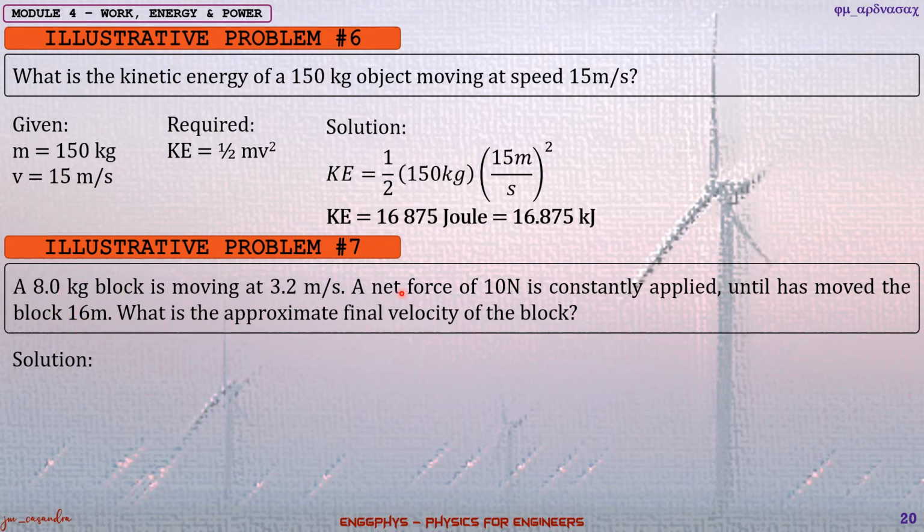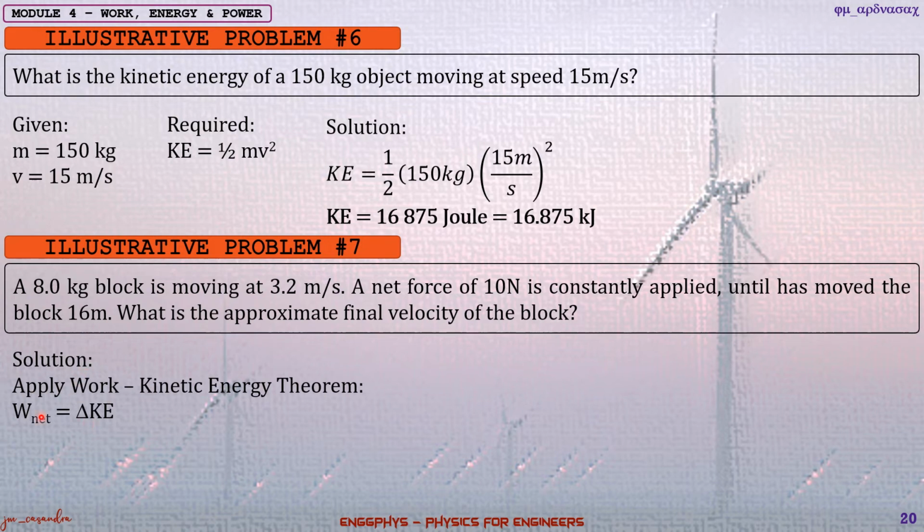So there is work done from the force and the displacement, and there is an energy from our mass and velocity. So in solving problem number 7, we are now going to use our work kinetic energy theorem, which states that the net work of an object is equal to the change in kinetic energy of the object.